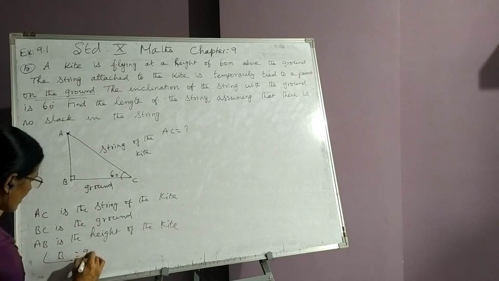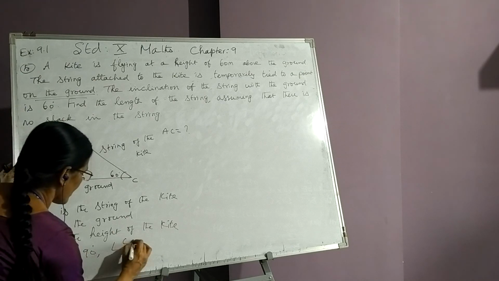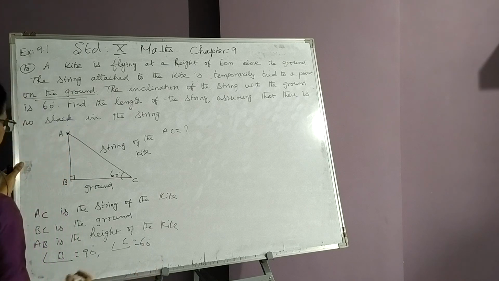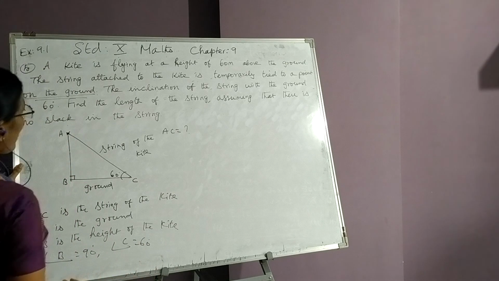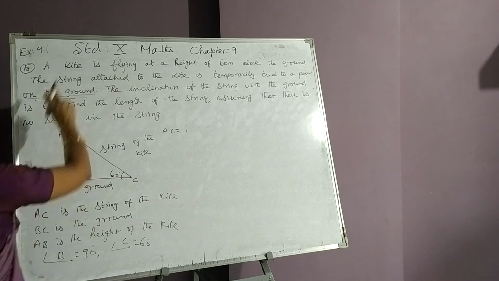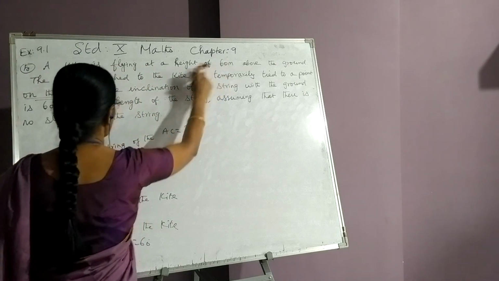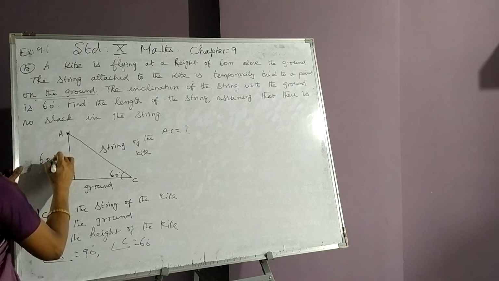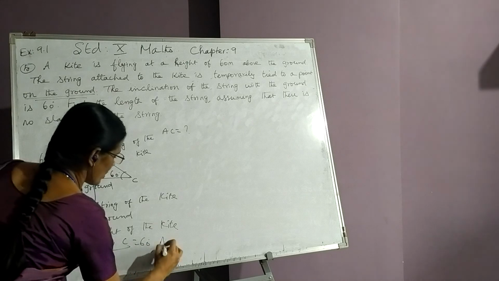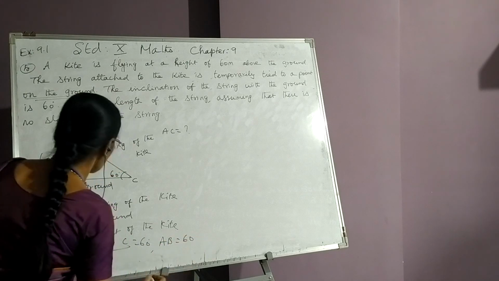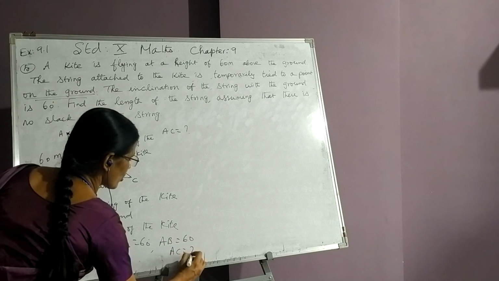Angle B is 90 degree. C is 60 degree. A kite is flying at a height of 60 meter. This is the height. This is given 60 meter. So AB equal to 60. The question is find out what? Find out AC.